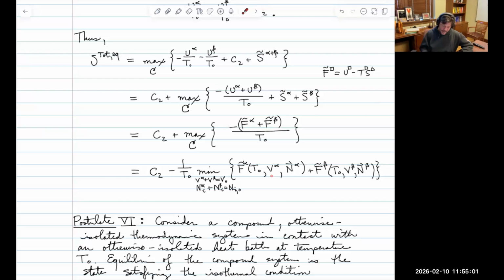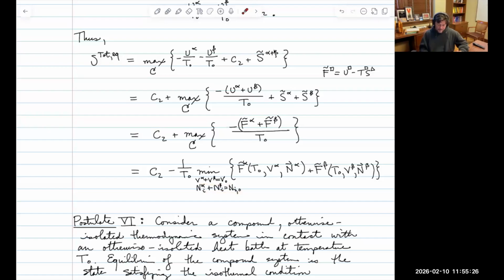V alpha and V beta, what are those? Well, we don't know because those can change in the process of equilibrium. Volume can be exchanged between the two phases, as can the number of moles of each substance. Those can also change, but they're subject to constraints, right?